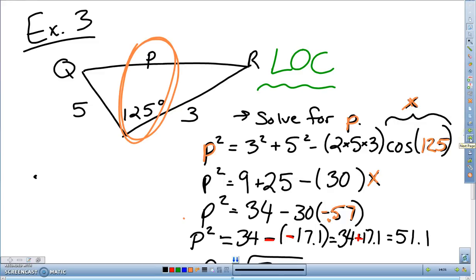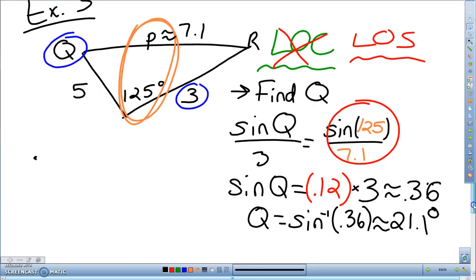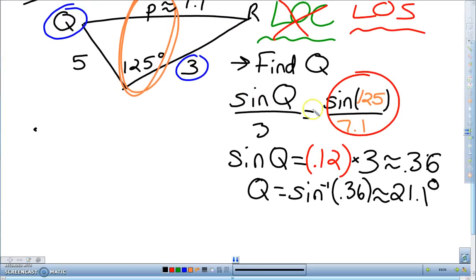Now remember, we used law of cosines only once to solve a triangle. The rest of the time we can use law of sines. So now I'm going to go ahead and solve for one of my missing angles. I just happened to pick Q. You could have picked R if you wanted. And so I set it up here like this. So I'm looking for Q, which means I'm going to put it over 3.